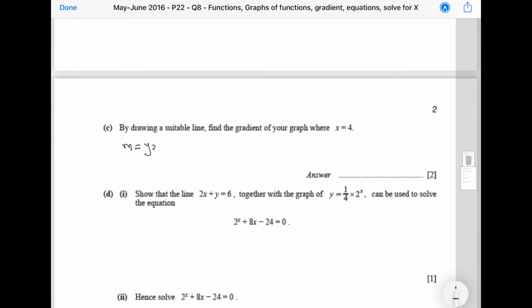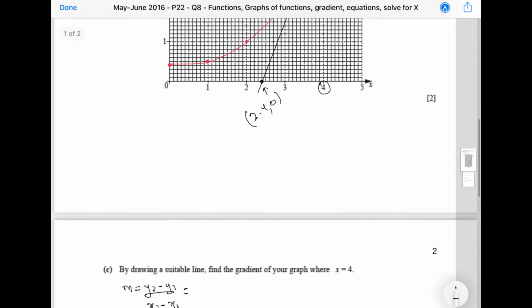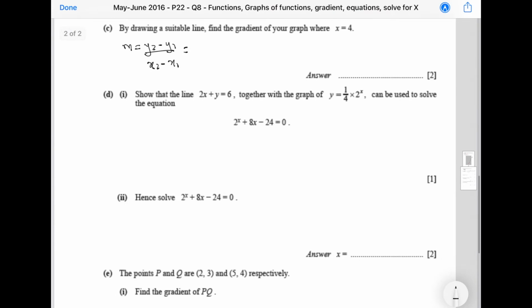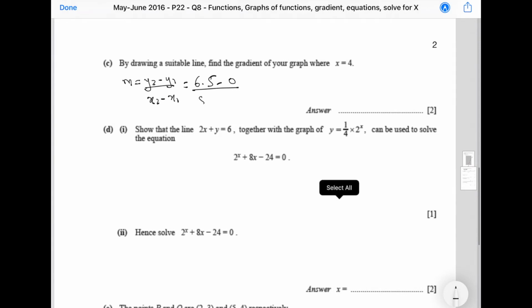So y2 minus y1 over x2 minus x1. Our values for y2 is 6.5 and y1 is 0. So you do 6.5 minus 0 over 5 minus 2.4. Let's see what we get as the gradient. We do 6.5 minus 2.4 and our value comes out to be 4.1, which is the gradient.